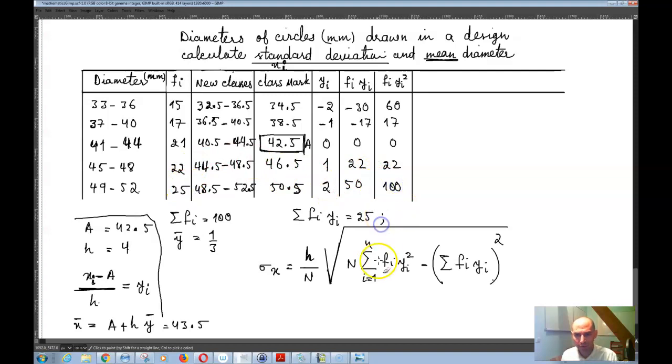And so based on that, sigma of f of i y of i squared is equal to all of these numbers added together. That's 77 plus 22 is 99. That's 199.